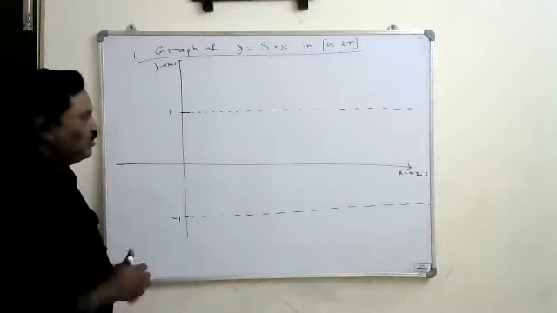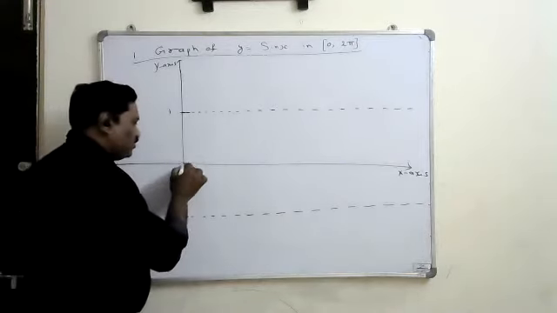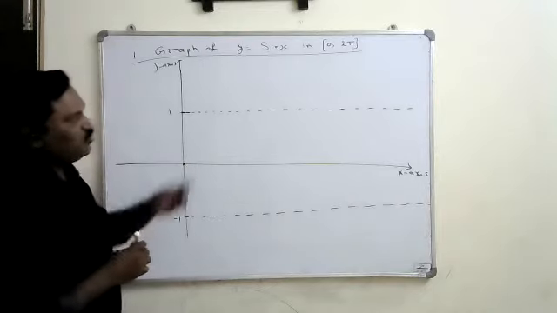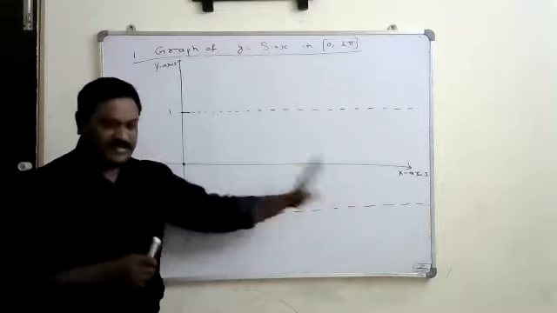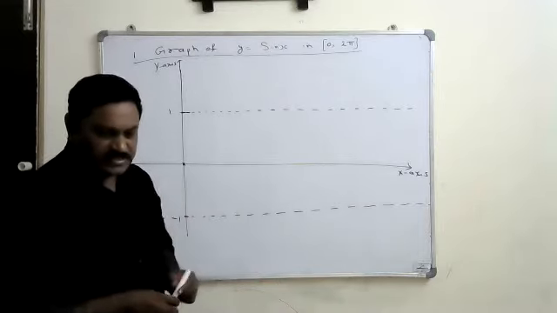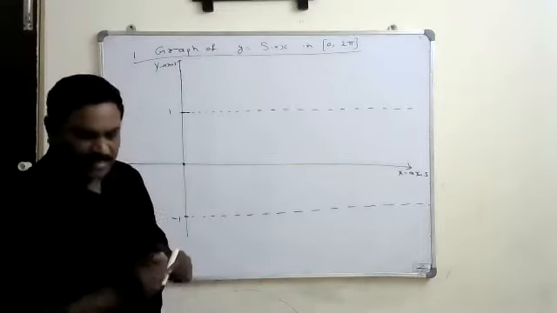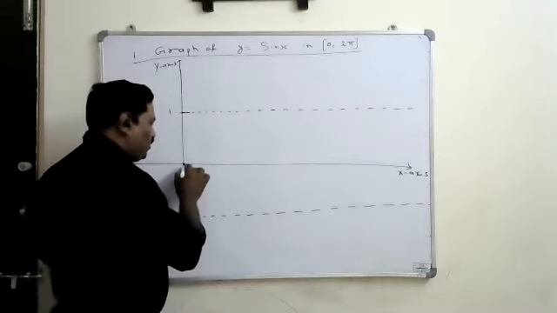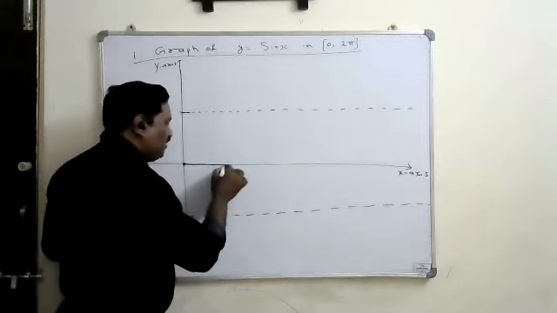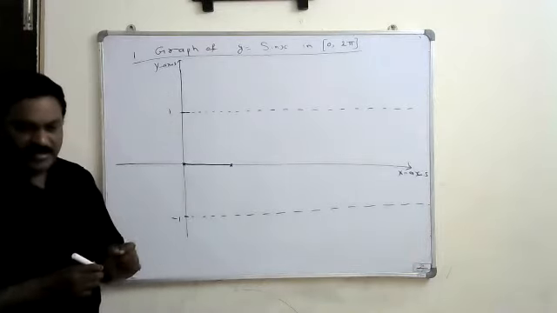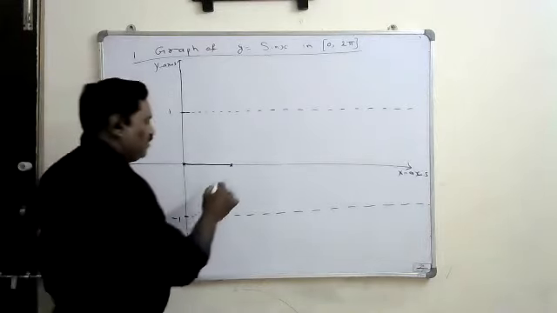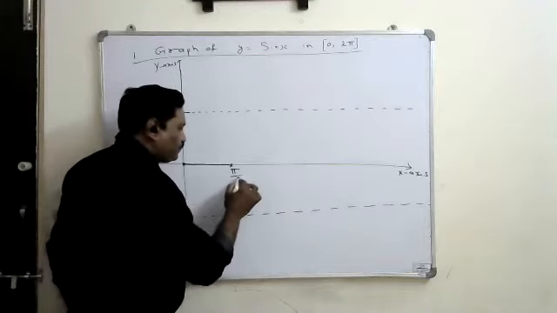Now, to draw this graph, first I will plot the graph between 0 to 2 pi. For that, I will take the scale on the x-axis. Scale means for every 1 centimeter length, how much value you have to take here? I will take 90 degrees, a uniform scale. Let's assume that 1 centimeter is equal to 90 degrees, that is pi by 2.